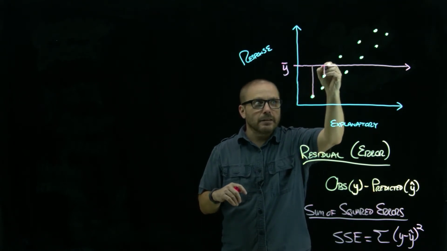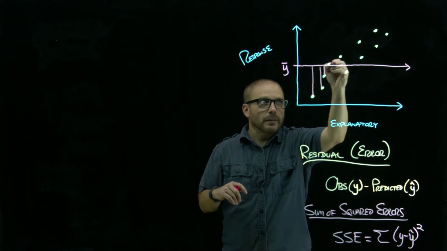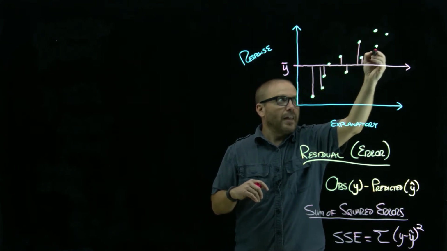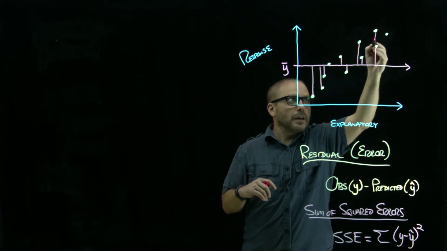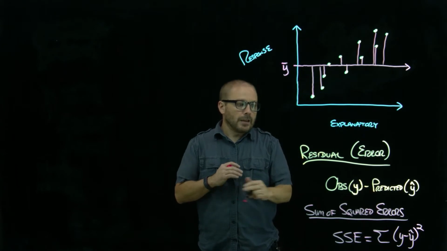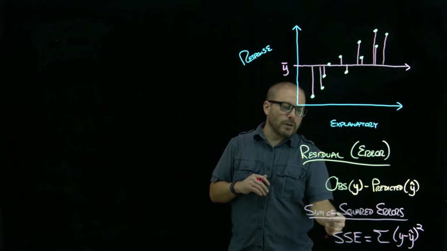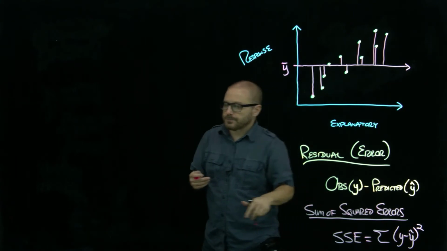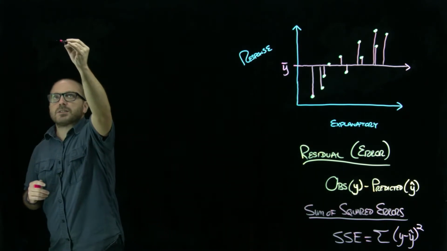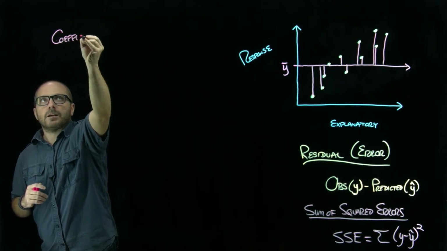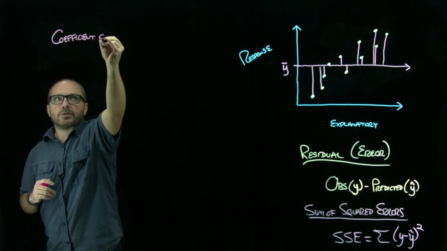Then we could compute residuals on that sort of worst case. And compare the sum of the square errors from our best fit line to this sort of worst fit line, if you will. And this computation is what we call the coefficient of determination.